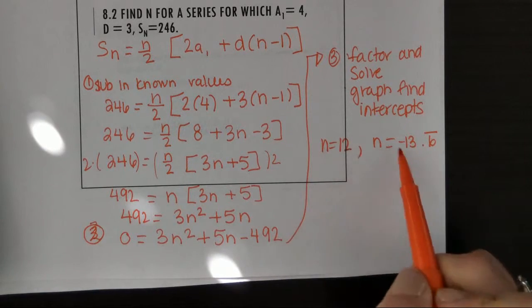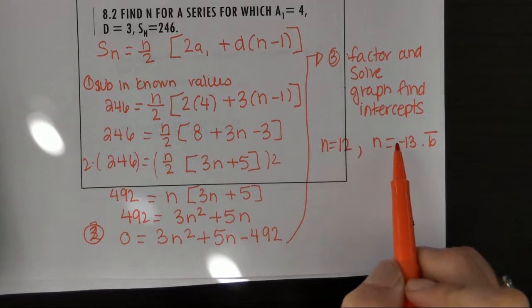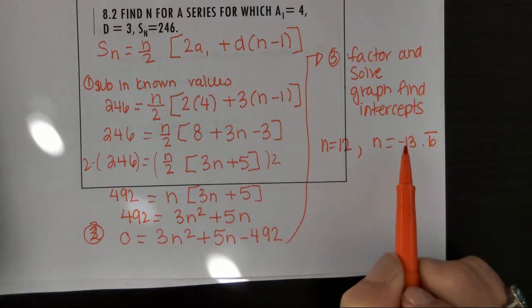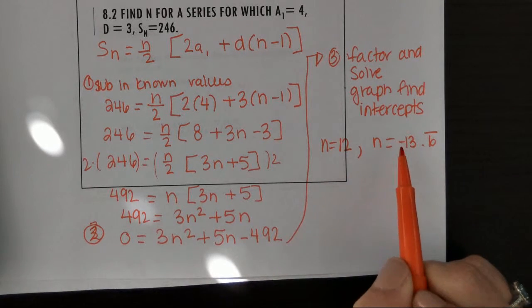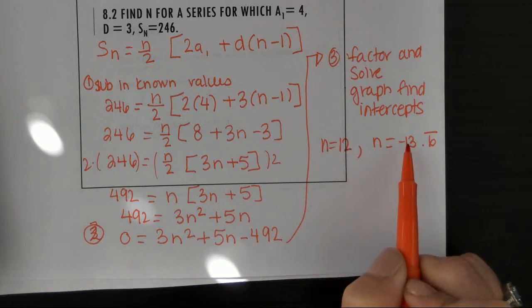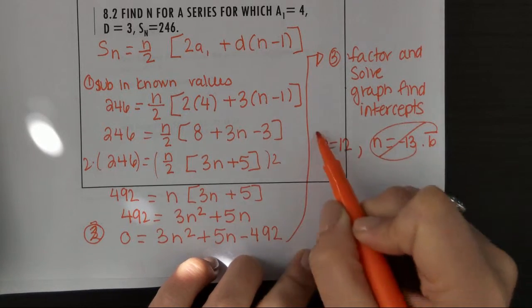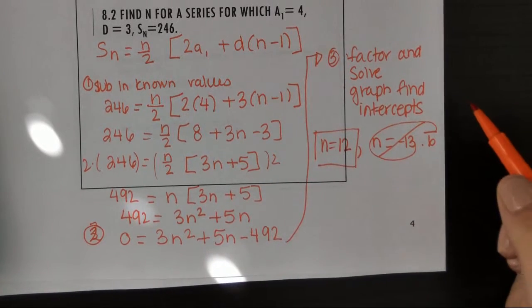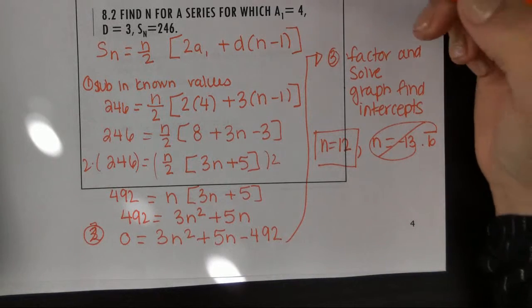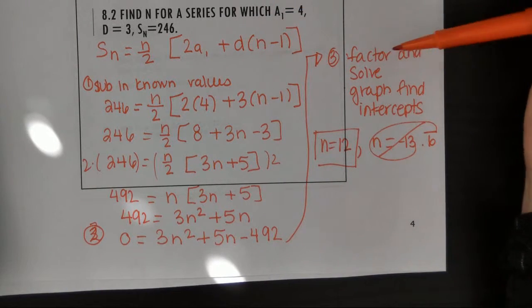Now you need to check your answers to see which one makes sense. Obviously, n, our number of terms, equaling a negative value does not make sense in this case. So our answer for the number of terms in this sequence where our sum is 246 will be 12 terms.